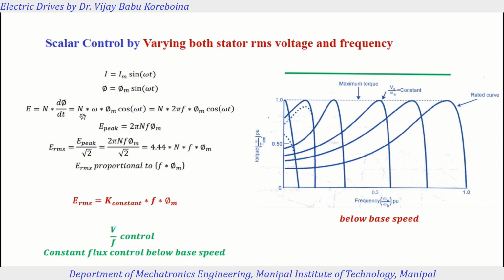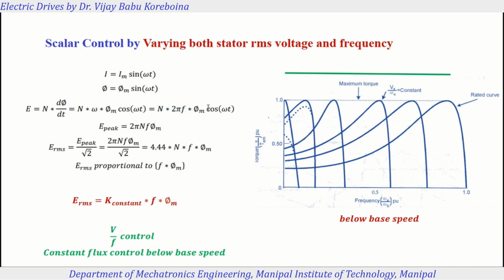Applying that here, N is the number of turns, so taking the differentiation, we get omega phi m cos omega t. Let us consider the magnitude of this, the peak value, which is 2 pi N f into phi m.